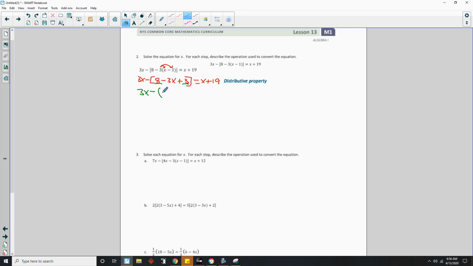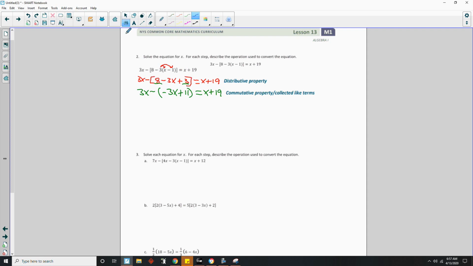And I'm going to write -3x, and 8 plus 3 is 11. And that's going to equal x plus 19. We could call this either the commutative property, order does not matter, what we do in addition or subtraction, what order we do them in, or we collected like terms. Okay, we added the constants. All right, so next step.